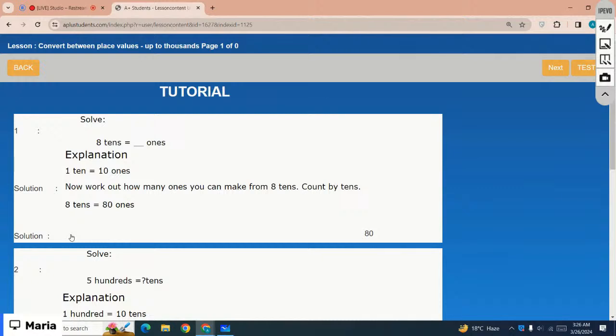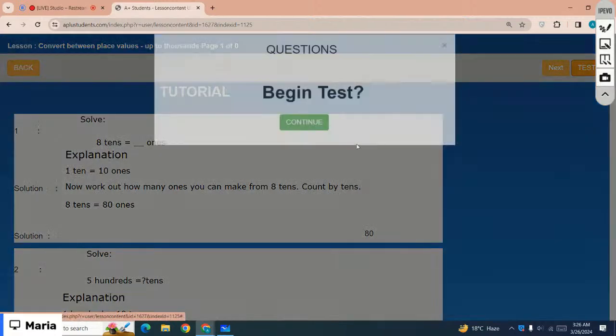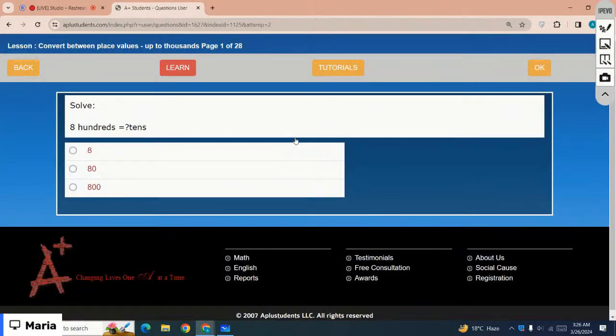Yes, you have 1 ten equals 10 ones, right? So 8 tens equal 80 ones. You have 8 tens, so that means you have 80 ones. The correct option is 80 ones. Let's just start with the test questions. 800 equals how many tens?